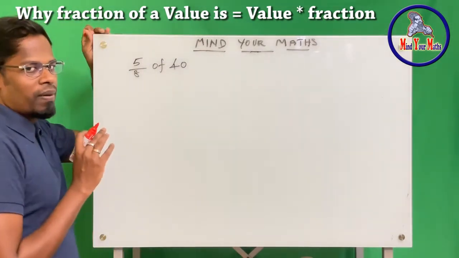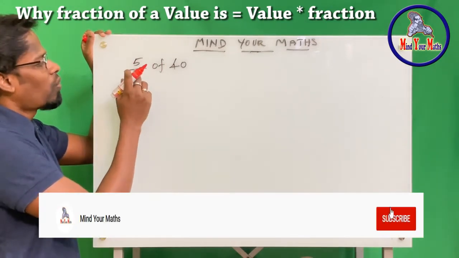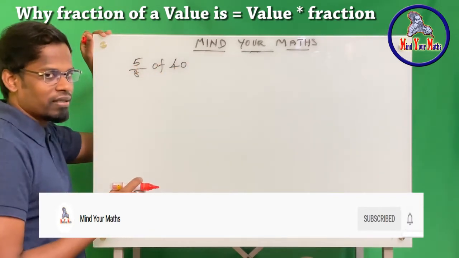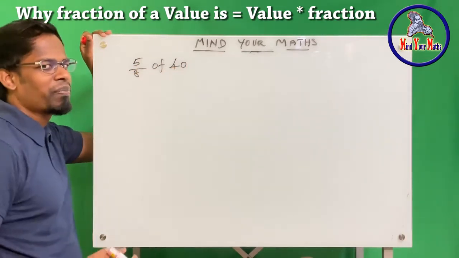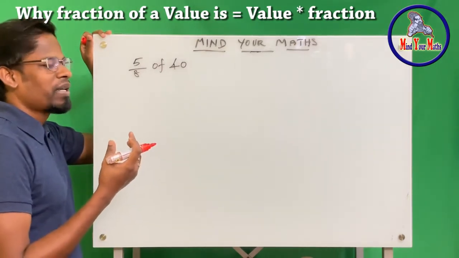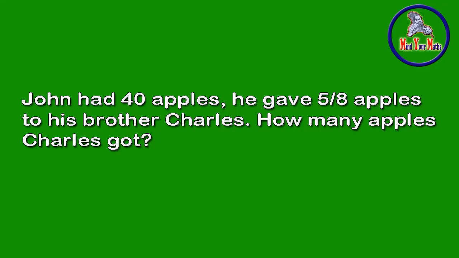The question will be, what is 5 over 8 of 40? Now this is directly jumping into the numbers, so let me give you a scenario. John had 40 apples, and he gave 5 over 8 of the apples to his brother Charles.